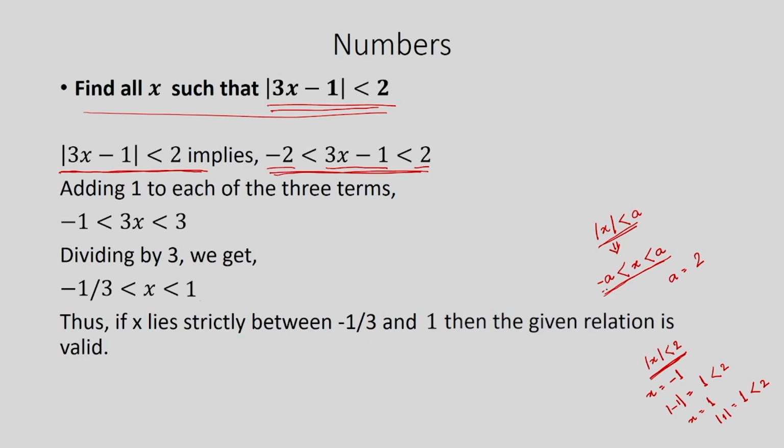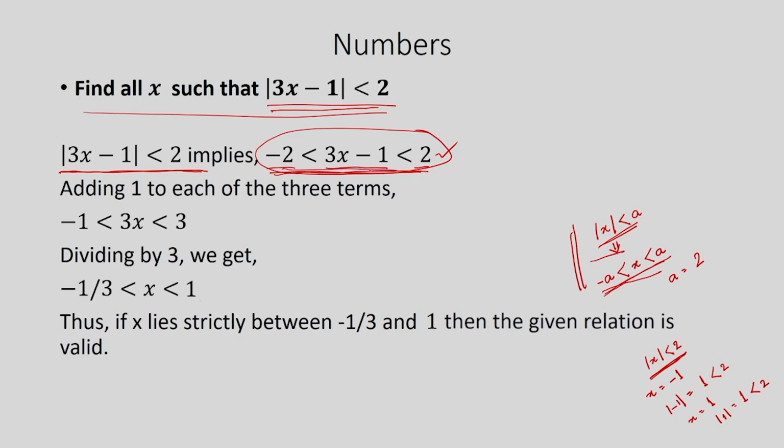We are following this pattern, right, this pattern that is getting replicated here. Now we have to use this relation to get the different values of x which satisfy the given relation.